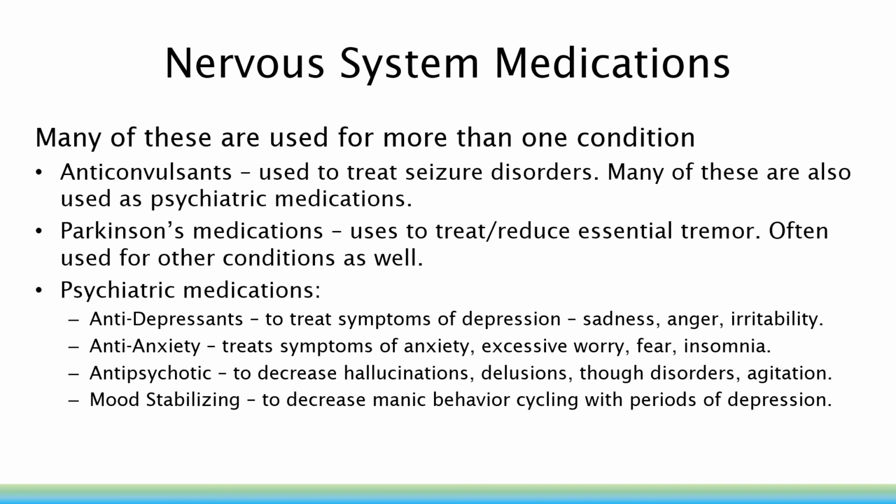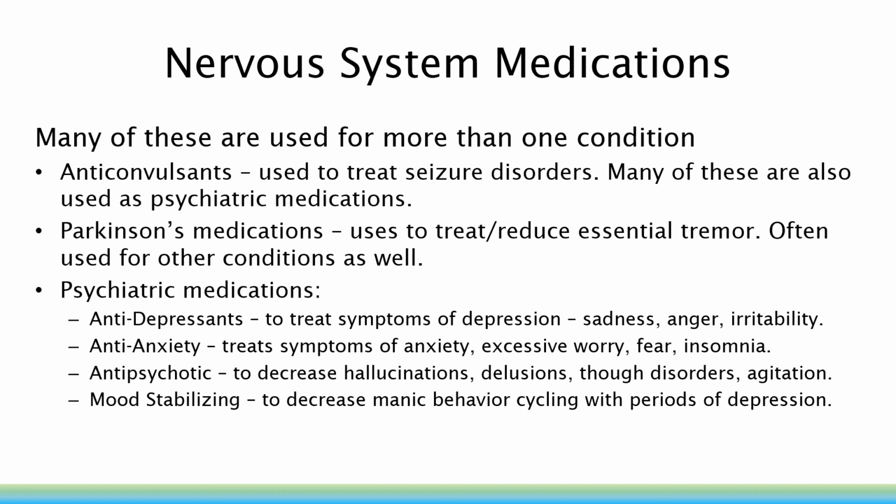Nervous system medications. Please note that many of these are utilized for more than one condition. There is an extensive list of these kinds of medications. Many medications in this category treat more than one illness. You cannot assume that a person has seizures just because they're taking an anti-seizure medication.